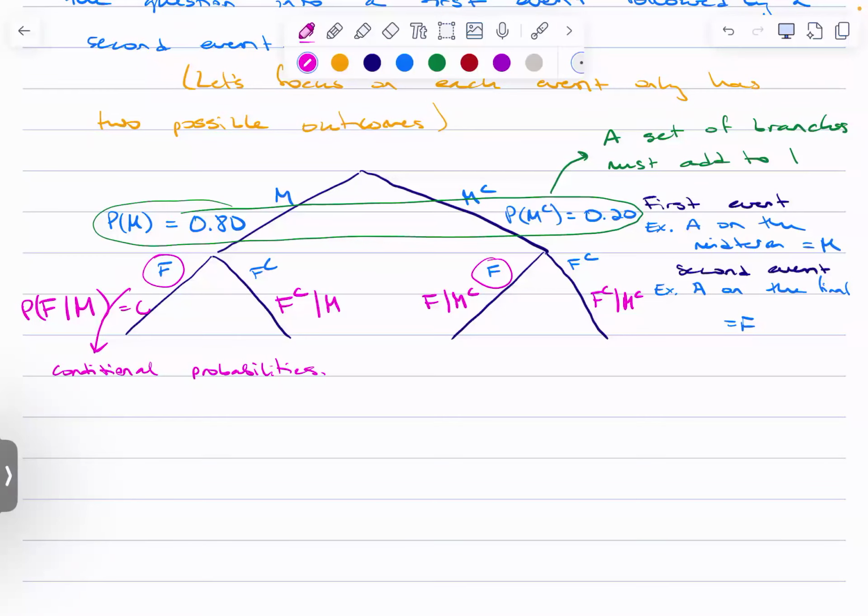Let's make that 0.9. Pretty good. Which means the probability that you don't get an A on the final, knowing that you got an A on the midterm, has to be 0.1, right? The set of branches has to add to 1. Oops, sorry, 0.1.